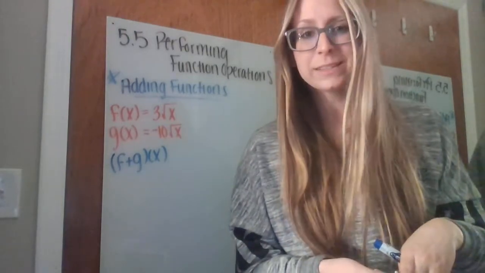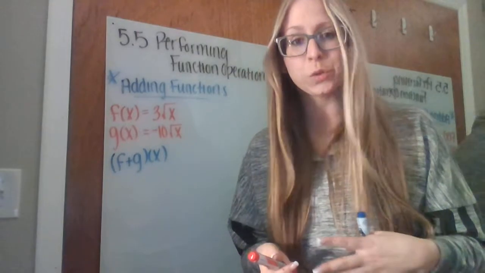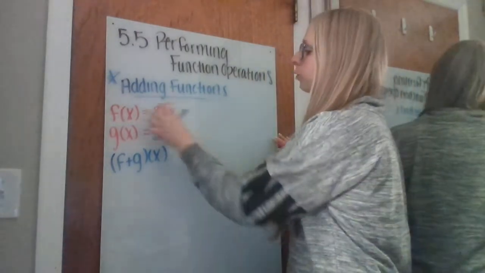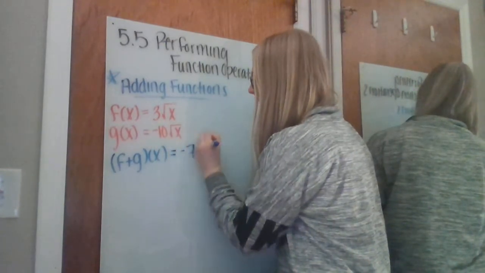Luckily, I started off nice and easy, and these are like radicals, so you can just add the two numbers together. We have learned that earlier on. So 3 plus negative 10 is negative 7 square root of x.